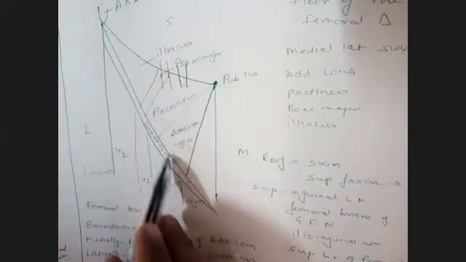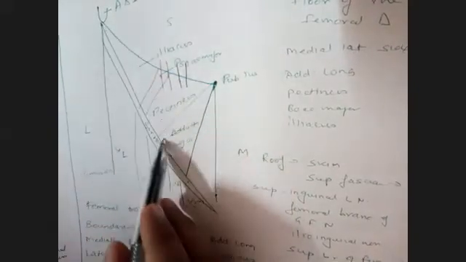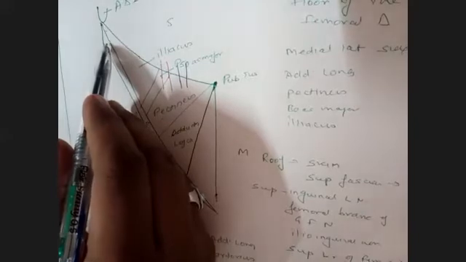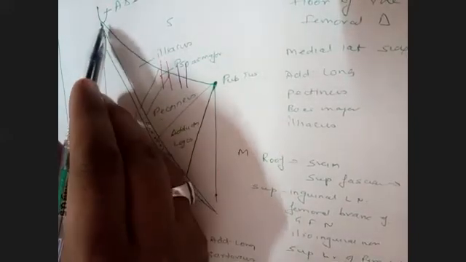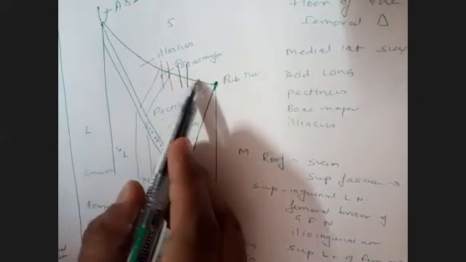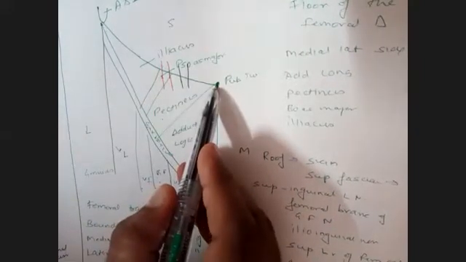In this area we see a triangle. This triangle is called the femoral triangle. The boundaries of the femoral triangle are: superiorly, the inguinal ligament, which runs from the anterior superior iliac spine to the pubic tubercle.